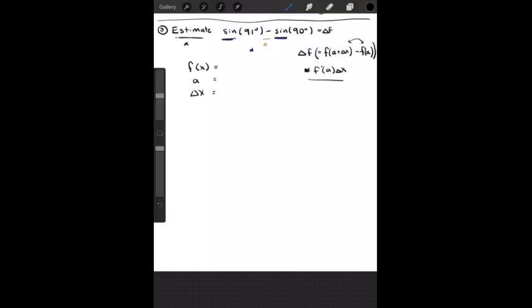In other words, we want to match up sine of 91 degrees minus sine of 90 degrees with f of a plus delta x minus f of a. Does that help us figure out what f might need to be for this problem?